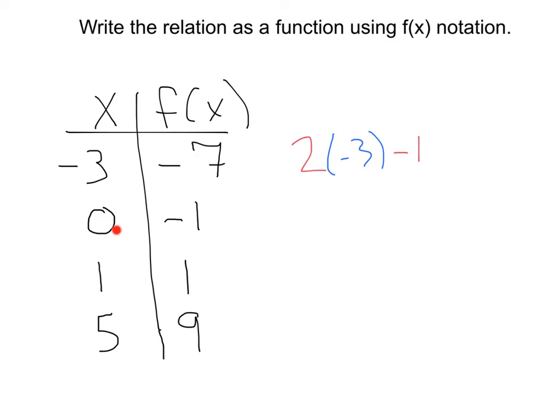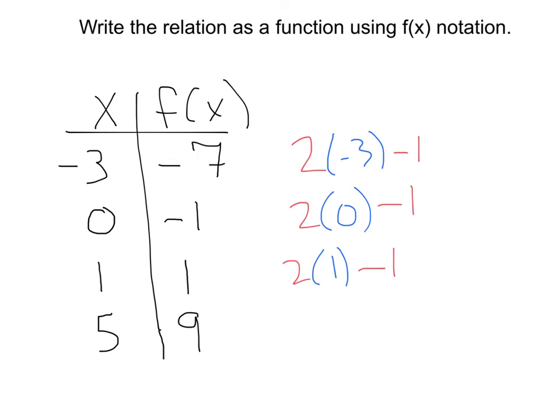Let's try that same pattern with this. That's going to be 2 times 0 minus 1. Well, 2 times 0 is 0, minus 1 is negative 1, which is exactly what we want. Perfect. Let's try with this 1. That's going to be 2 times 1 minus 1. 2 times 1 is 2, minus 1 equals 1.